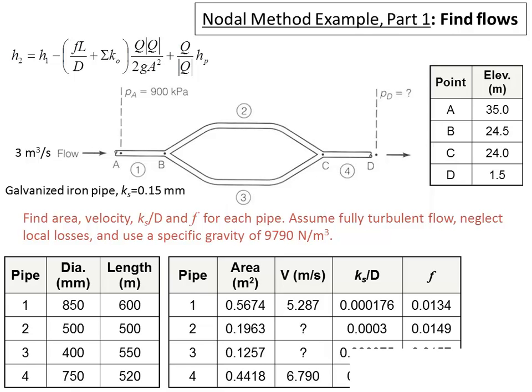We don't have the time to do that check, but that is a check that I would like you to include on a quiz or an exam or a homework problem where you invoke the fully turbulent flow assumption. It's a very helpful tool, but you have to make sure that it's valid. And if not, then your reaction is to redo everything with your new and improved f value. So you hope that the fully turbulent flow assumption ends up being valid, or that you're using Excel.